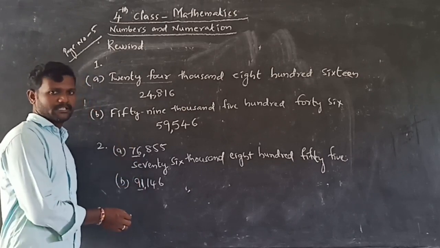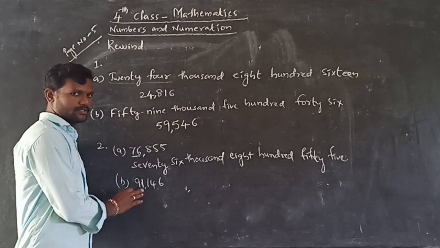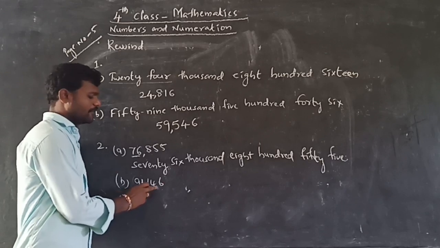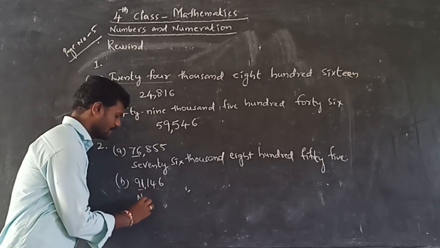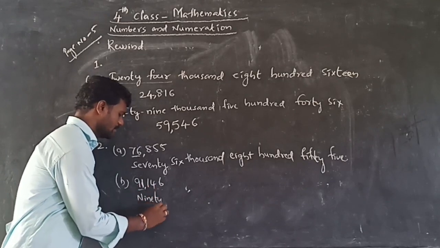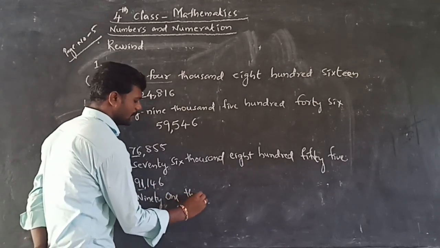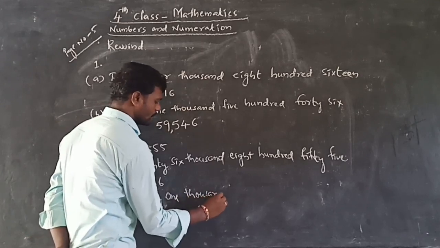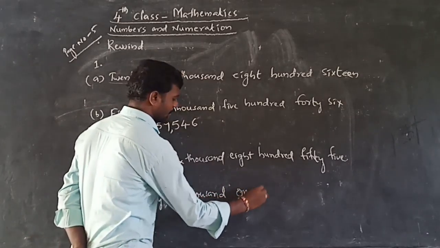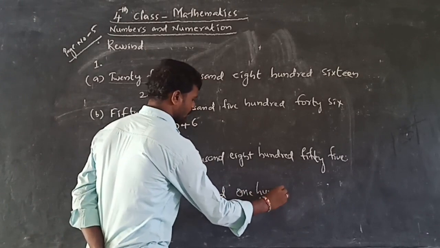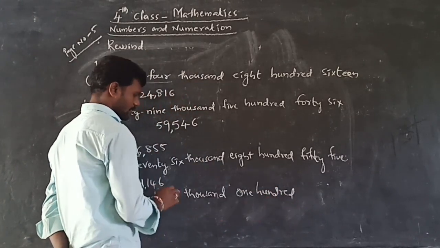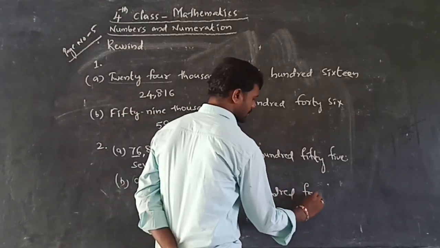It is in the thousands place. So 91,146. 91,100. Next word, 46.